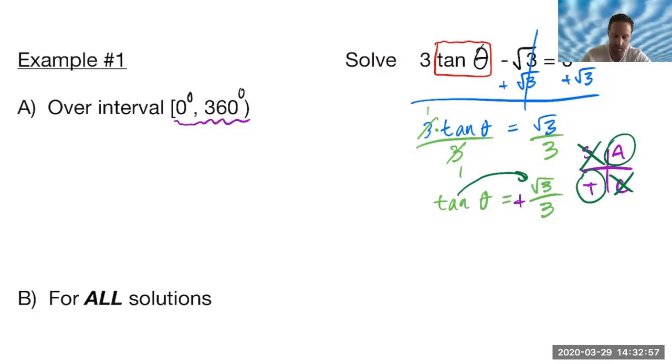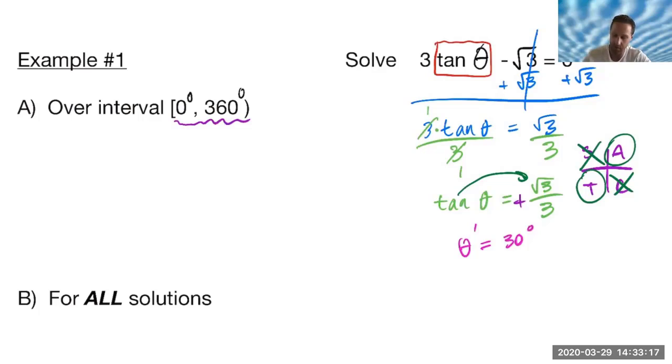And in this case, hopefully we all know that. This is why, again, I worked so hard to try to get you guys to memorize these. We should know that the angle, we call it the reference angle, for tangent that gives us root 3 over 3 would be 30 degrees. But remember, that is just our reference angle.